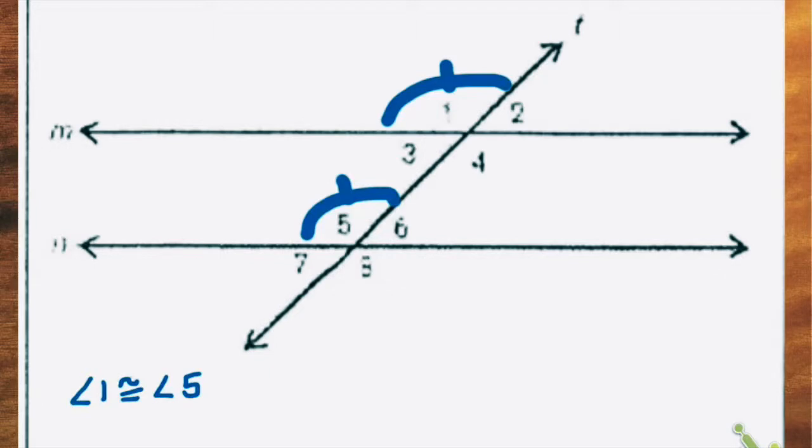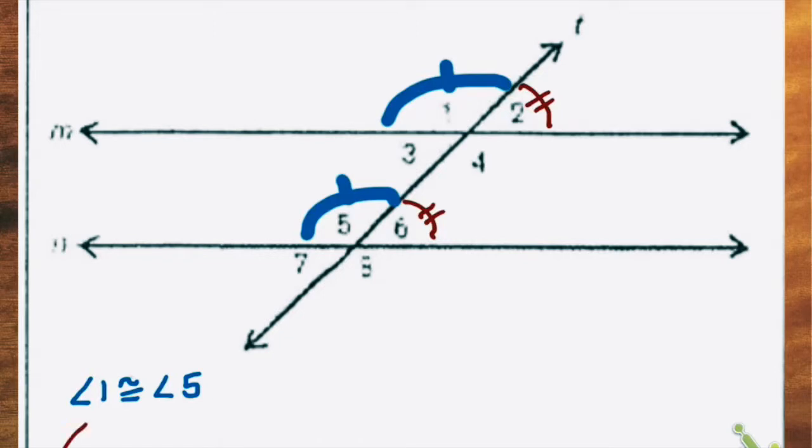And I'm going to say, okay, so angle 2 is congruent and corresponding to angle 6. You see how they're in the same place? 2 is in the upper right, 6 is in the upper right of its group.